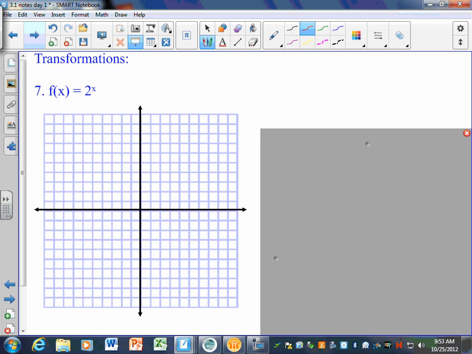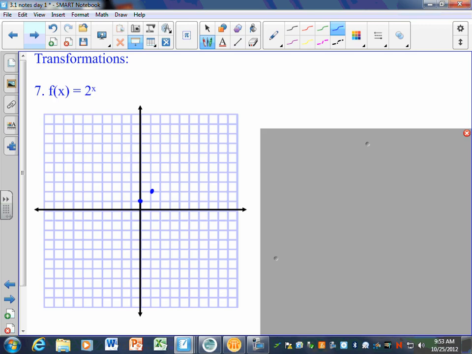So let's look at transformations here. I'm going to start with 2 to the x. I know we graphed it already, but I want to graph a few transformations of it to remind you of what's happening, which means I'm not going to make an XY chart for any of these. But I'm just going to regraph 2 to the x really quick, which means I know every time it has a y-intercept of 1.